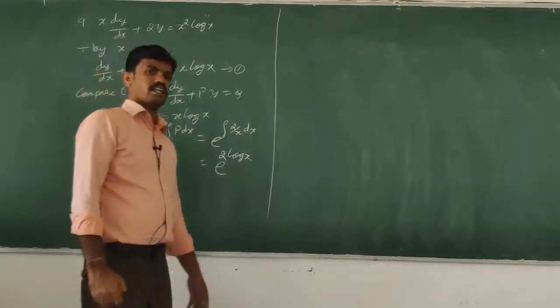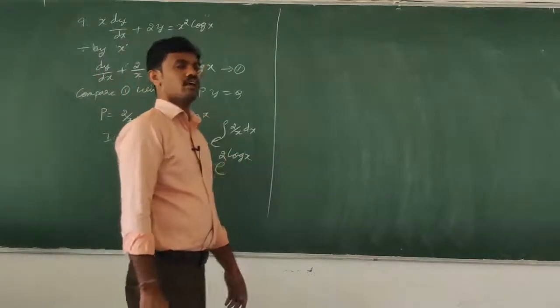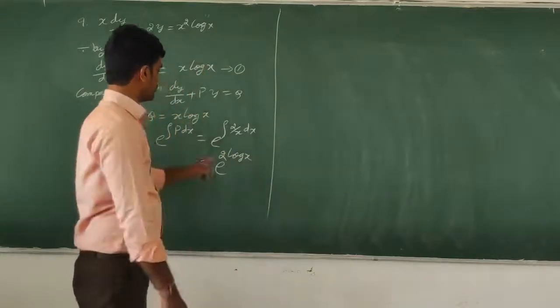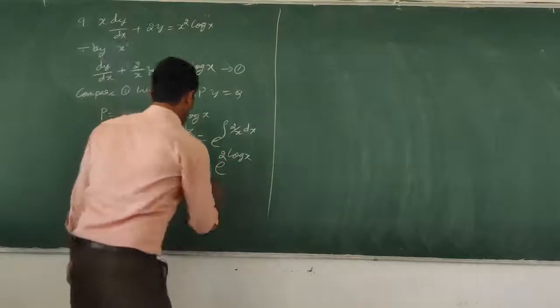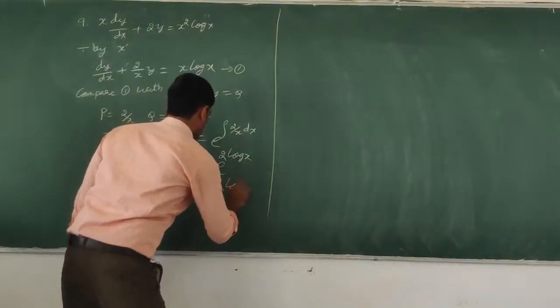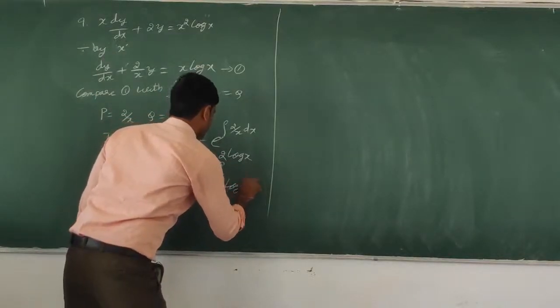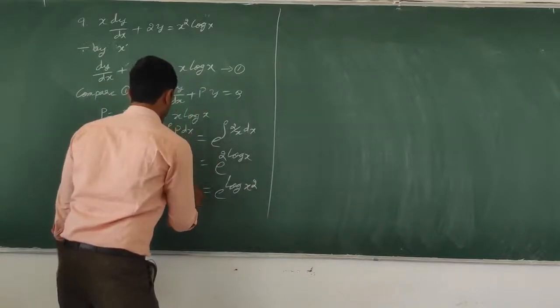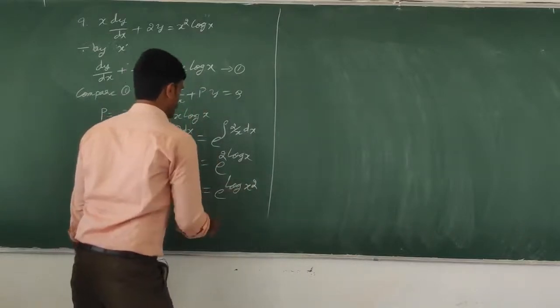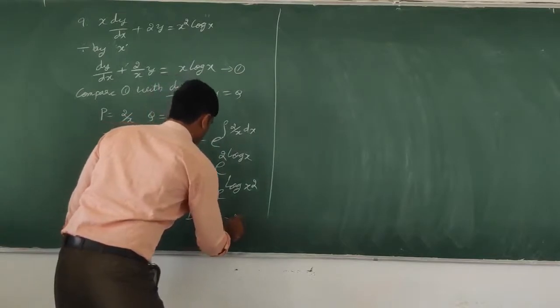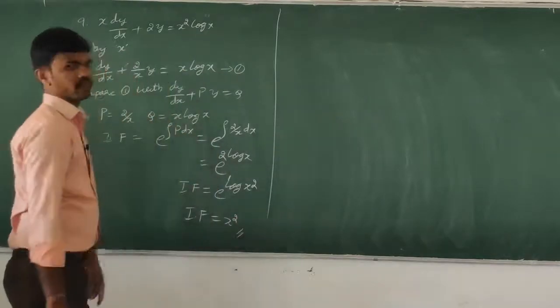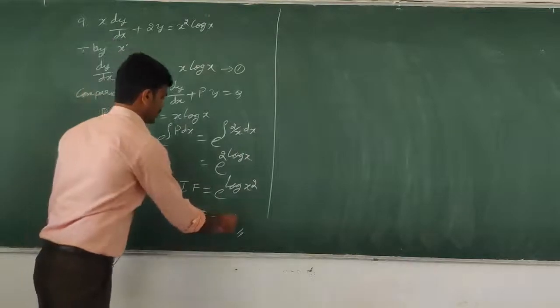Last class already helidene m log n can be written as log of n to the power m. Then 2 log x ne anta bareyodu log of x to the power 2 or log x square. This is equal to e to the power log x square, our integration factor. So exponential log cancel agutte. Finally we have integration factor is equal to x square.